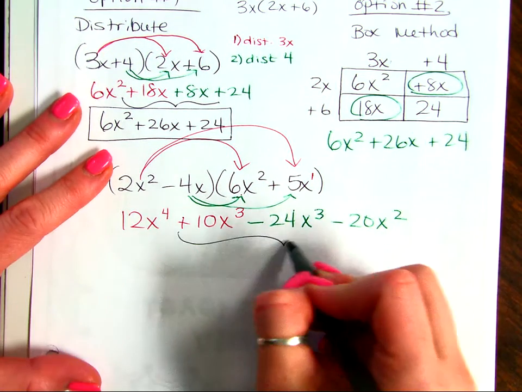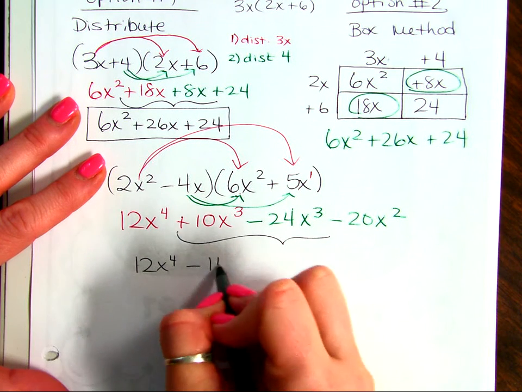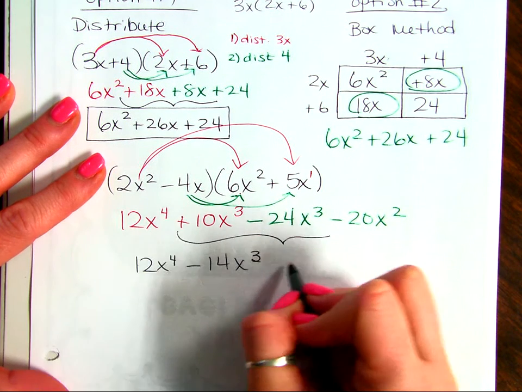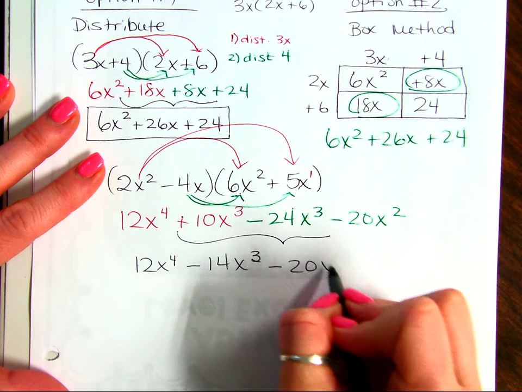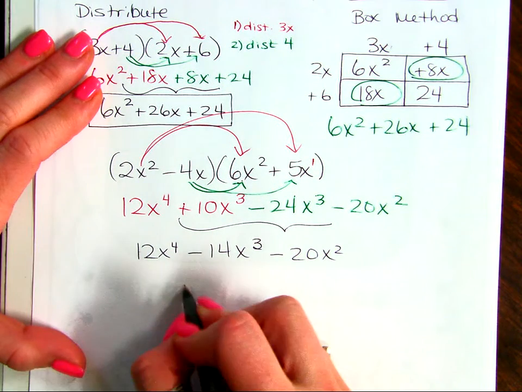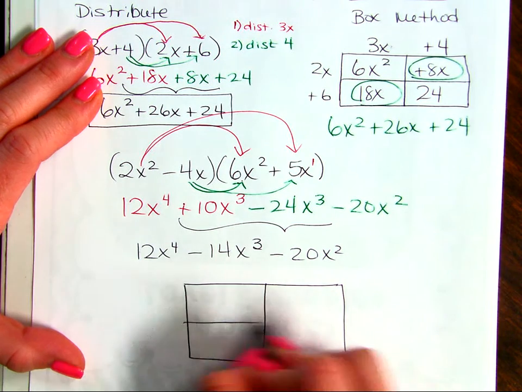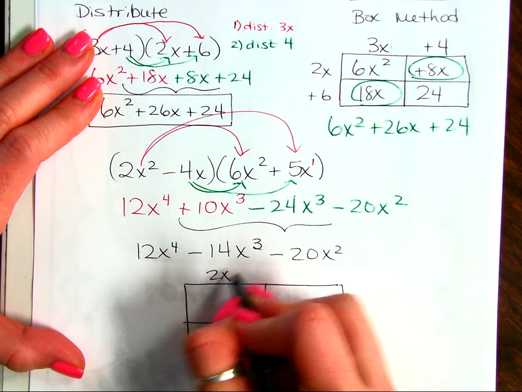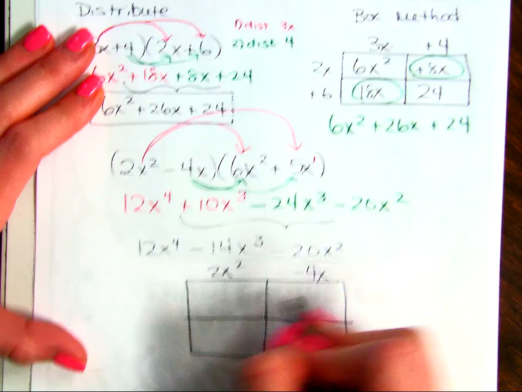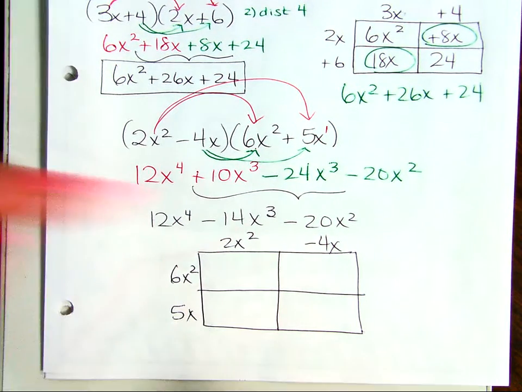So I'm going to have 12x to the 4th minus 14x to the 3rd minus 20x squared. Think you got it? And if you did box method, it would be set up the exact same way. You would just put your 2x squared here and your negative 4x here, then your 6x squared here and your 5x. And if those were flip-flopped, is that okay? Yep, it would totally work, okay?